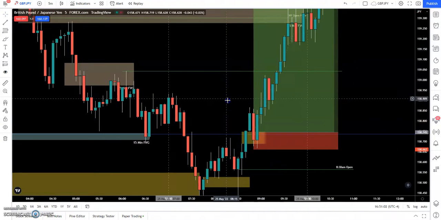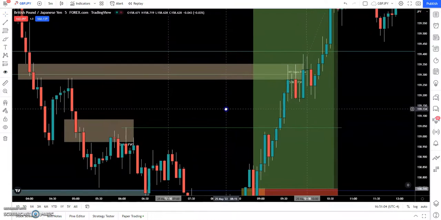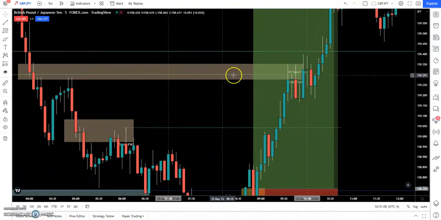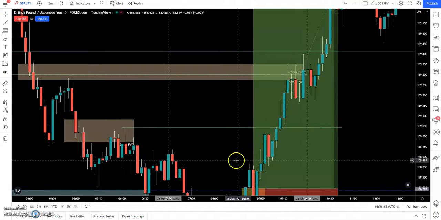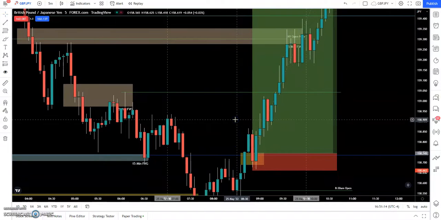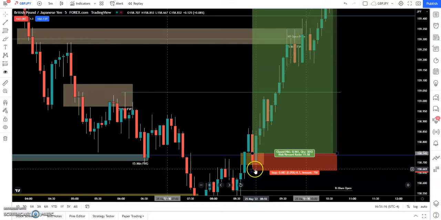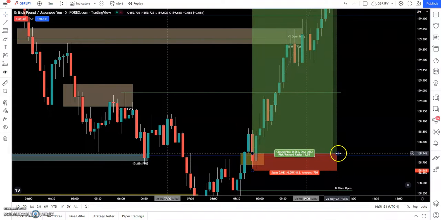And when the market continued to go up, when I hit this New York open price, I took off another 25%, which left me with 25%. And at this point, I'd brought my stop loss to break even.